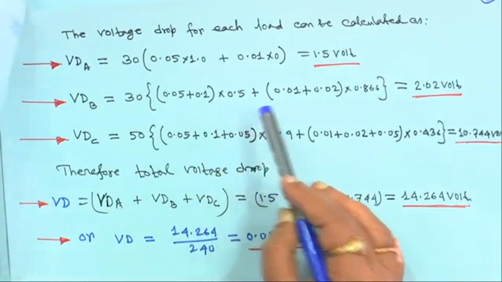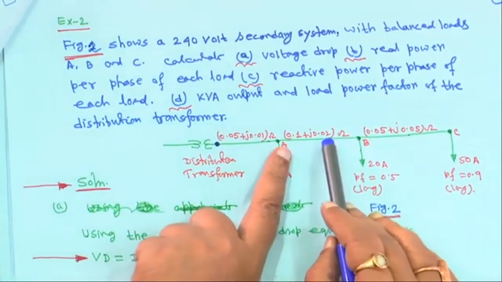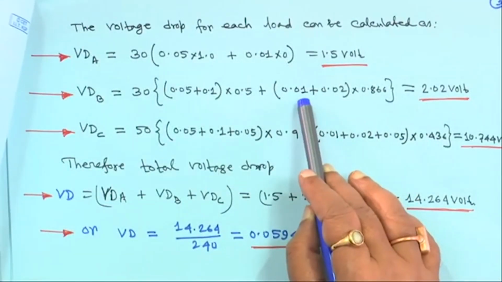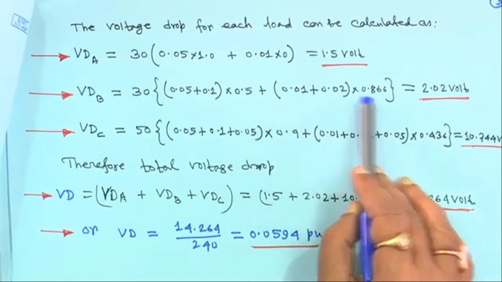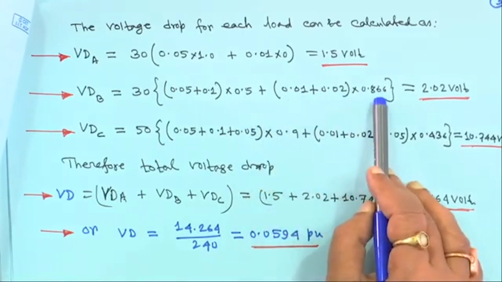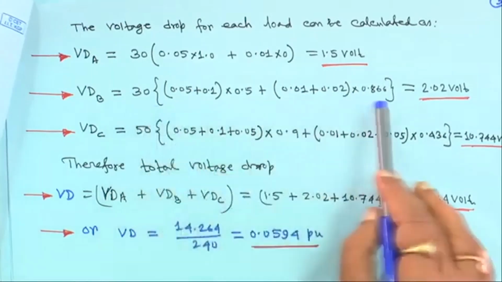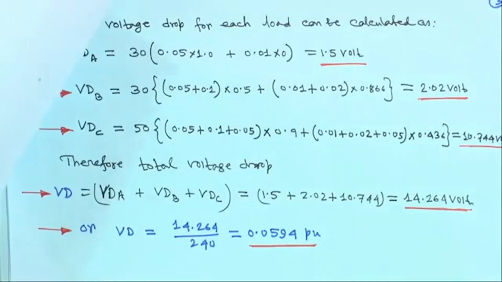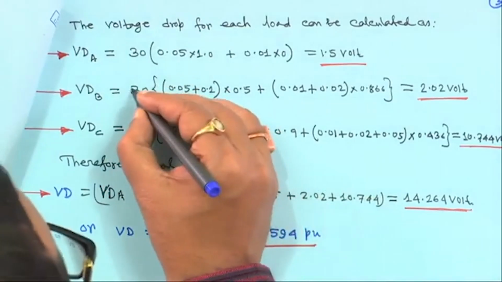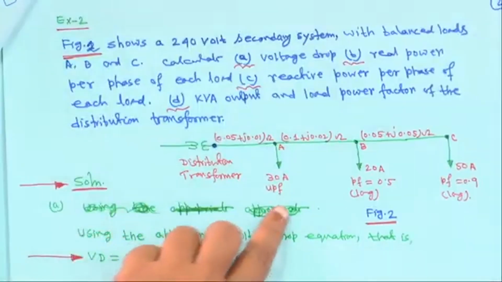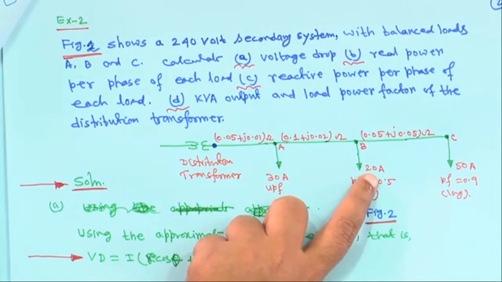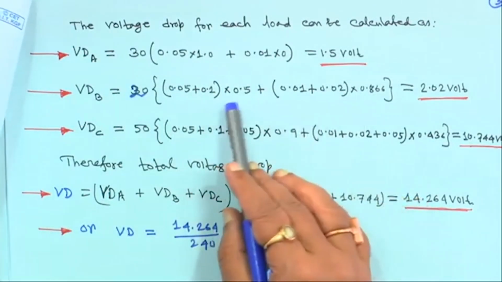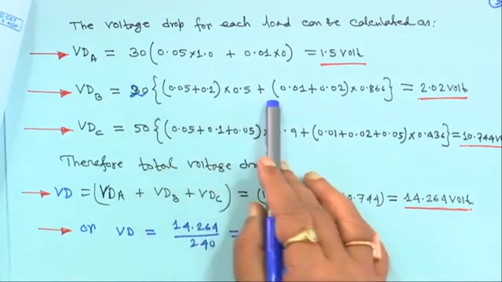Similarly, the reactance is 0.01 plus 0.02, times sin theta, which is 0.866. This is multiplied by the current, which is 20 ampere here, so it is 20 into (r cos theta plus x sin theta).